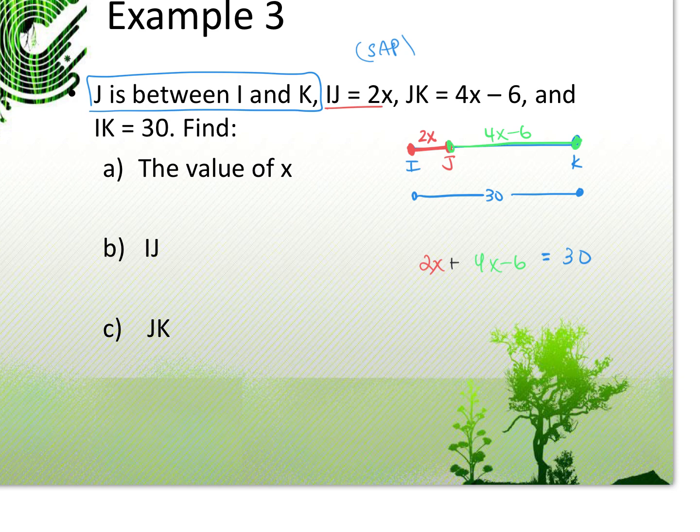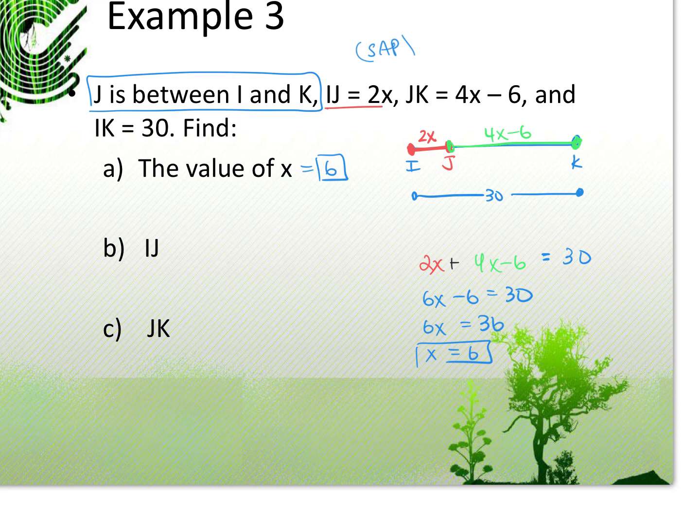I can now combine my like terms, and I can solve for x. I can add 6 to both sides, and I can divide both sides by 6 to get x equals 6. So I had enough information to figure out what x was, because I knew the postulate that told me that the sum of the parts equals the whole.